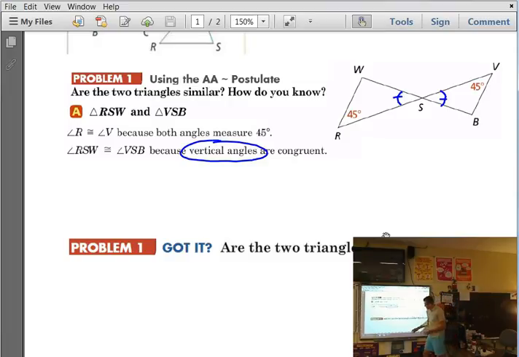Since those are congruent, we don't need to put this, but I am. We also know that these must be congruent. So then, based off angle-angle, I have similar triangles. If I then knew any lengths, I could figure out congruent triangles, but I don't know lengths. So we're stuck here. We have similar triangles.